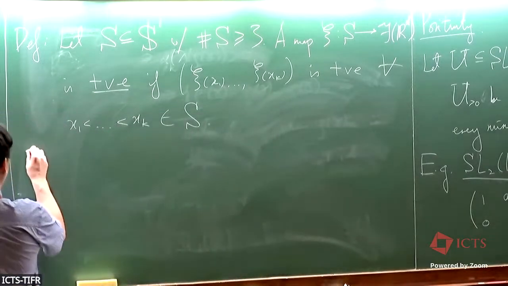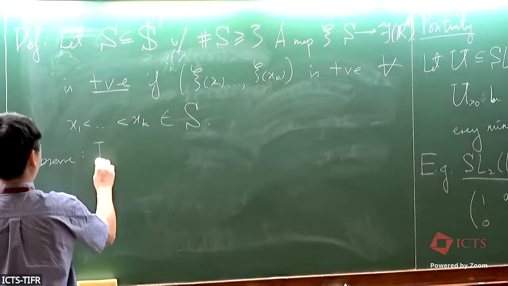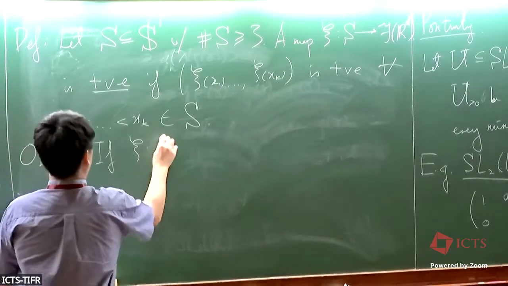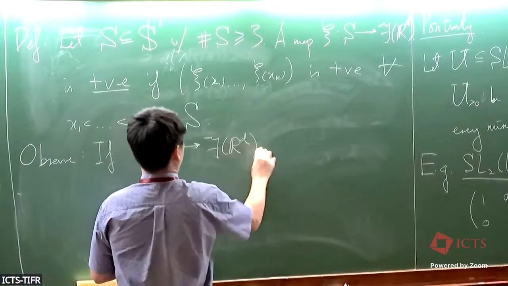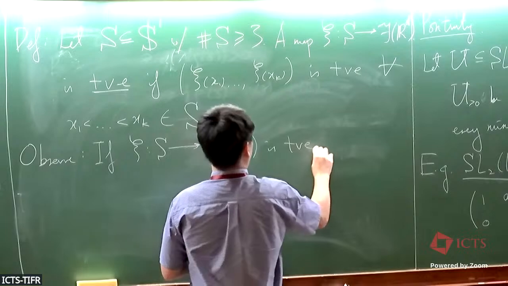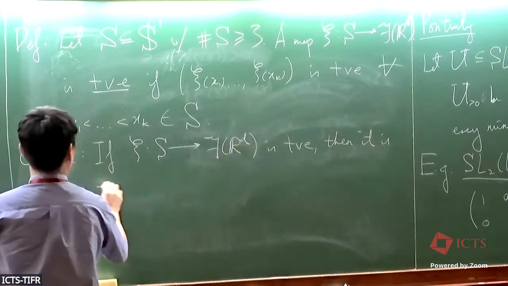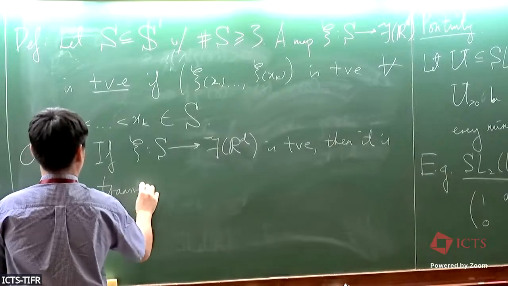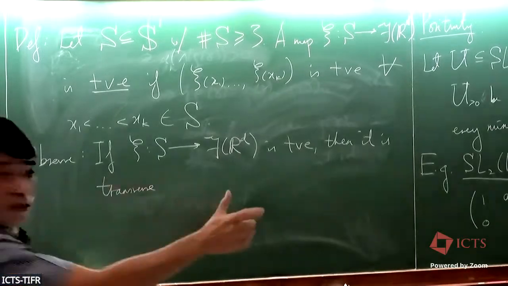Okay, so first observation. If C from S to FRD is positive, then it is transverse, meaning that it will take any distinct pair of points to a transverse pair of flags.